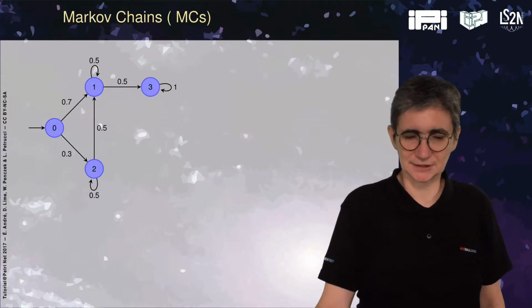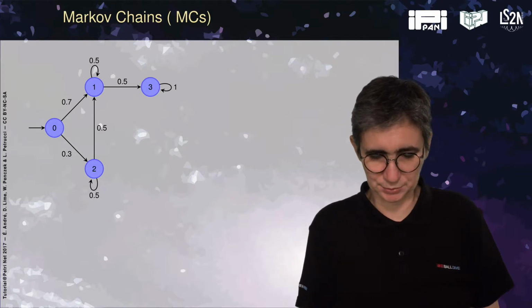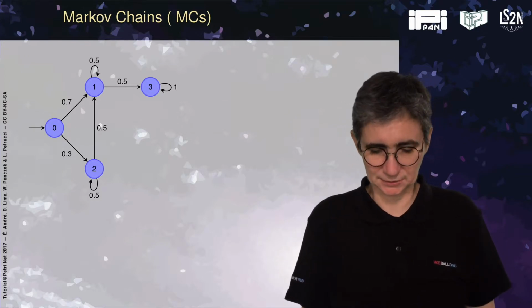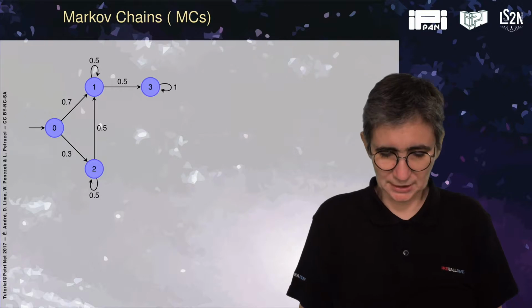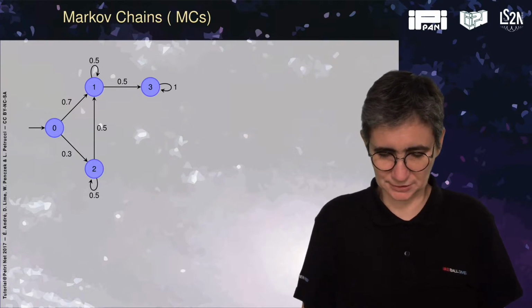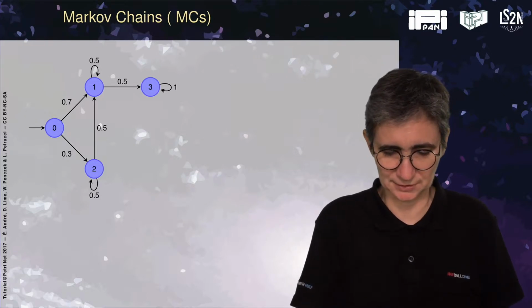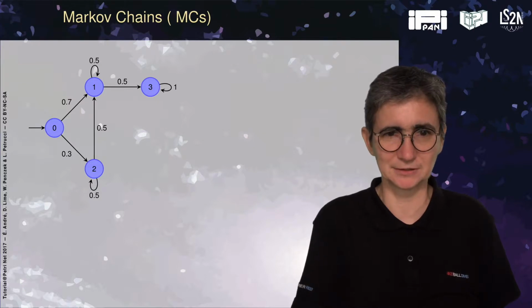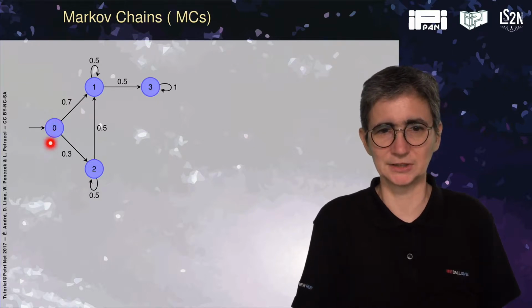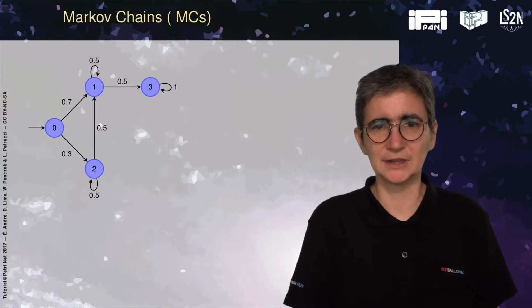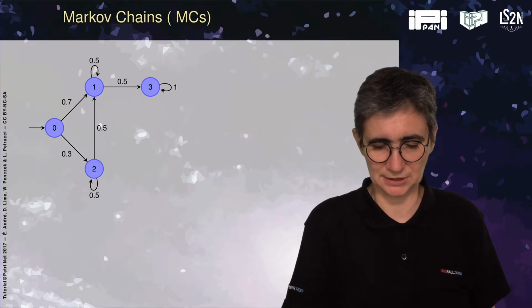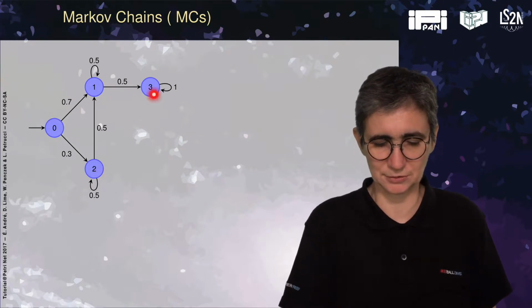Markov chains are like this example, where basically it looks like an automaton where you have different locations. So here you have an example of an automaton starting in location 0 and with three other locations 1, 2, and 3.